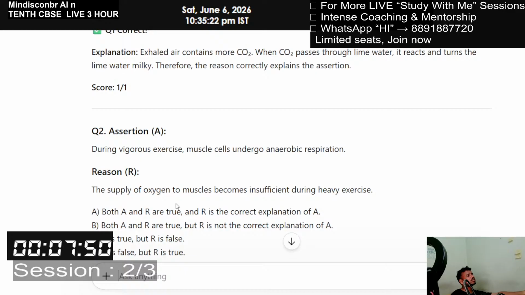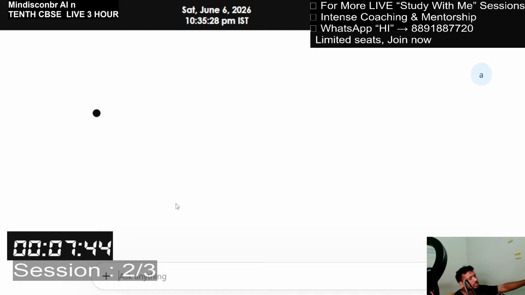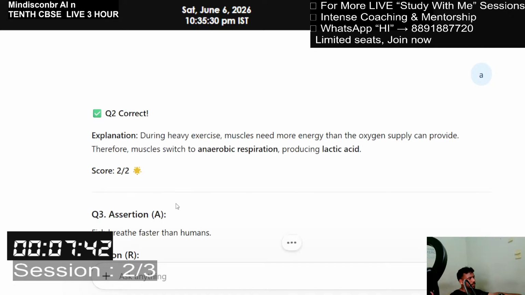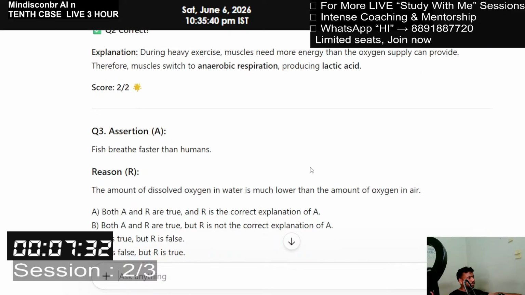Reason: the supply of oxygen to muscles becomes insufficient during heavy exercise. There will be low oxygen, so there is a chance for anaerobic respiration. That's true. A and R are correct, and R is the correct explanation of A. During heavy exercise, muscles need more energy than the oxygen supply can provide. Therefore, muscles switch to anaerobic respiration, producing lactic acid.